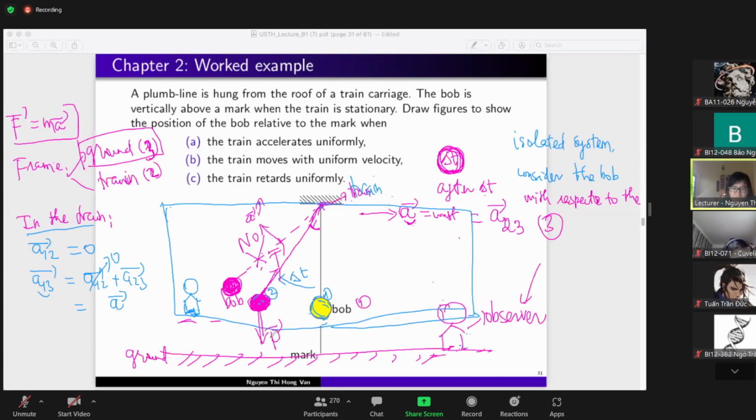It's just moving with respect to the ground and with the train. Okay, so you have P and the tension. And according to the second law of Newton, this is equal to MA of the bob with respect to the ground. So P and T is this one.